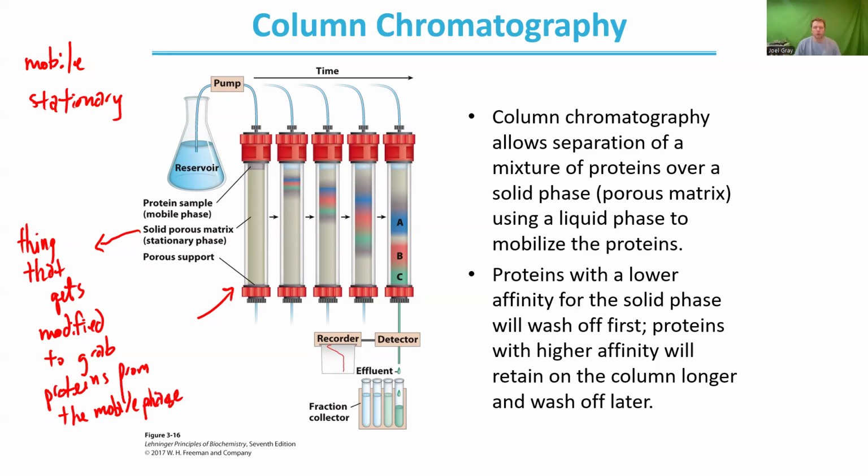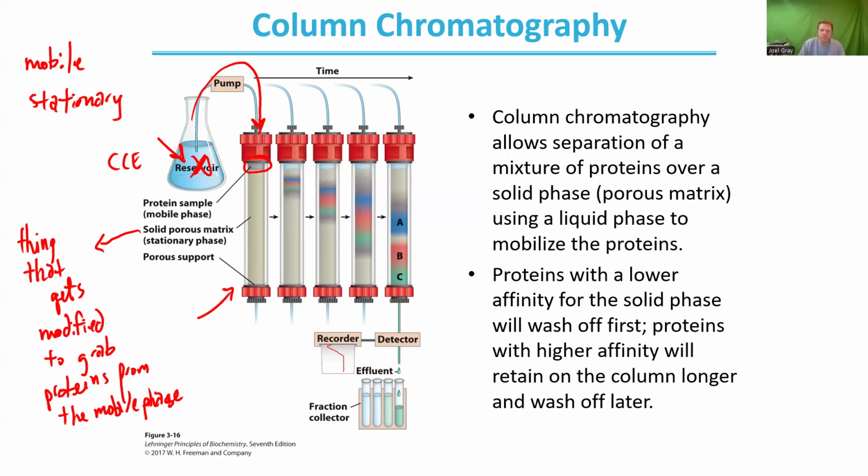So when you're doing column chromatography, you're going to have our crude cell extract in an Erlenmeyer flask or a source reservoir, and you are going to use a peristaltic pump. That pump is going to pull the solution from your reservoir and add it to the top of this column. This grayish mixture indicates your protein sample being loaded onto this column.